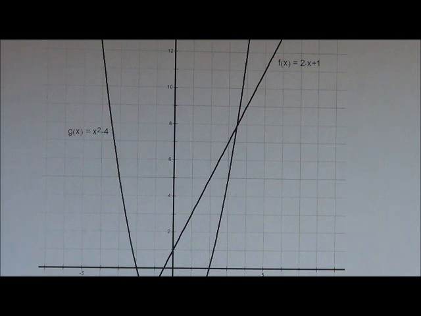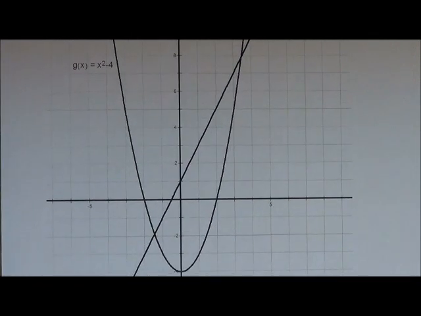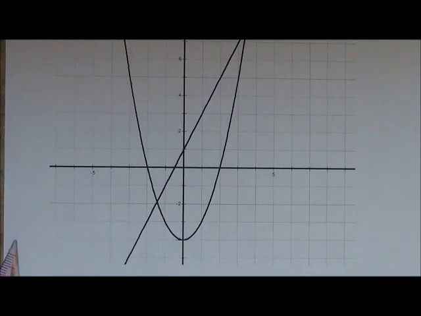The best thing to do when adding or subtracting is, at this stage we're just adding f of x plus g of x, and then subtracting f of x minus g of x. First things first, the common domain: the x values have to be the same before we can add or subtract the y values, or the y coordinates.